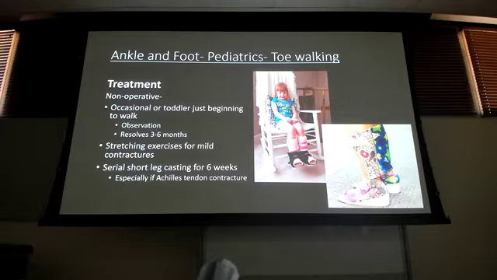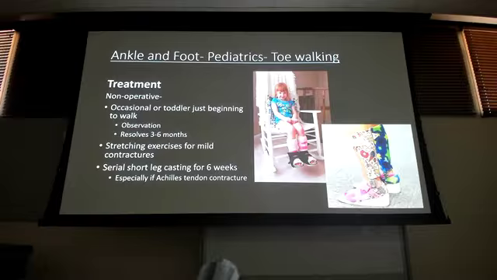We usually just tell the parents if it continues, if they're still toe walking over 3 to 6 months from now, then I would come back in here. We like to give them stretches and a home exercise program if there's an Achilles contracture associated with it. And then we can do serial short leg casting for these patients as well.